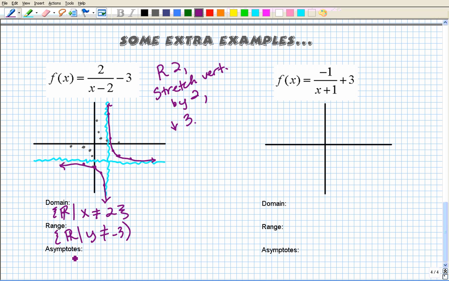And we've already mentioned where the horizontal and vertical asymptotes were. The vertical asymptote is at x equals 2. And the horizontal asymptote is at y equals -3. So notice that the horizontal asymptote and the range have the same numbers. Vertical asymptote and the domain, same numbers as well.